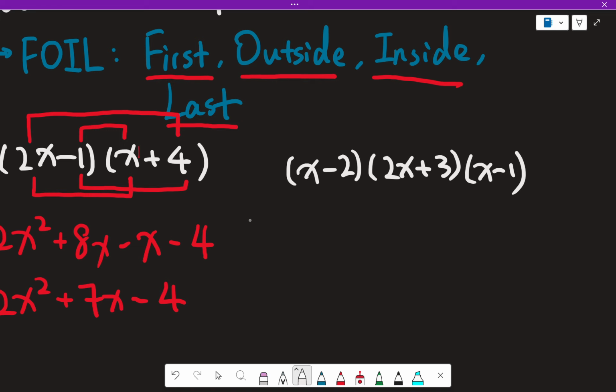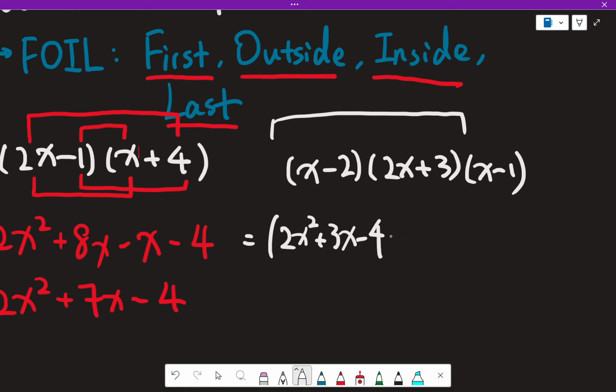So let's multiply the first 2 binomials together first, then deal with the last one. So still we apply this FOIL method. First, x and 2x gives a 2x squared. Outside, x and 3, which is a positive 3x. Inside, -2 and 2x, which gives us a -4x. And last, -2 and positive 3, -6.